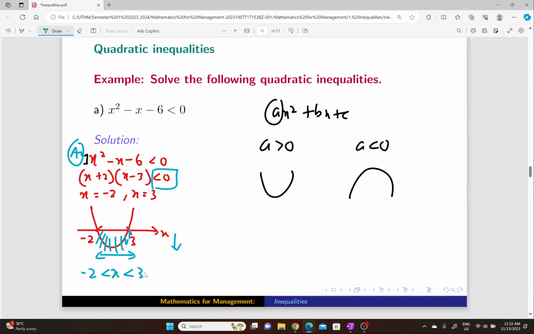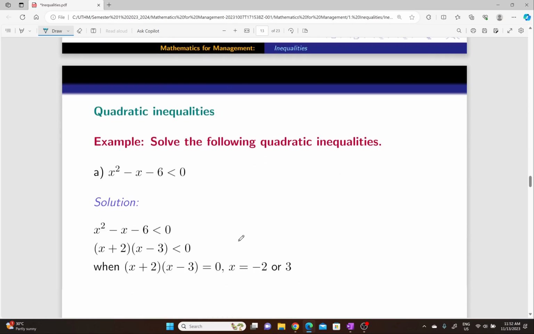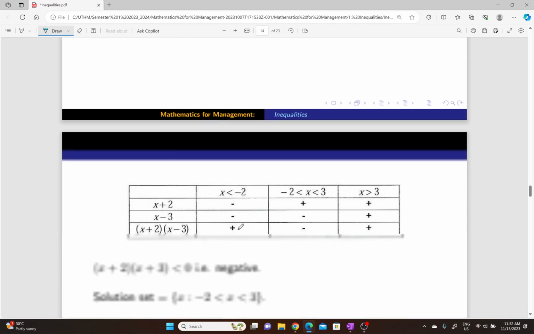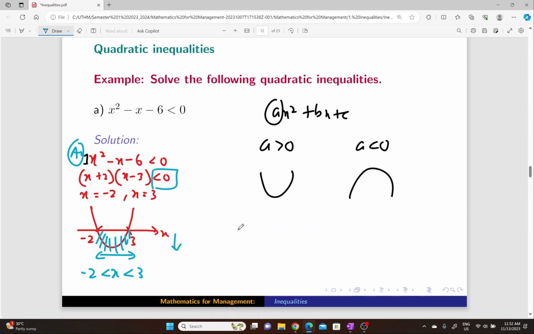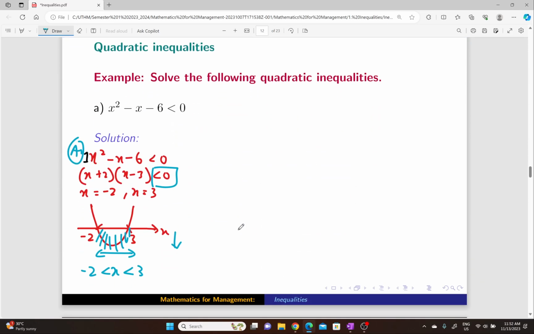Okay. This is alternative 1. For alternative 2, we go number line, like the one we did just now, but a little bit different. Okay.